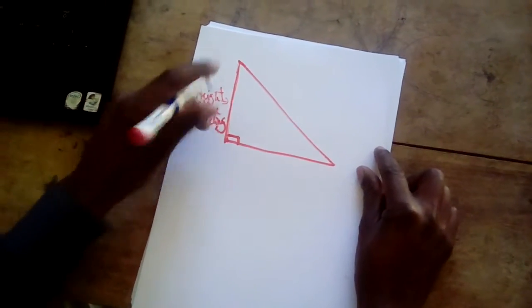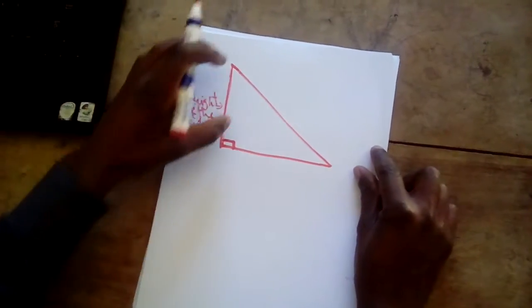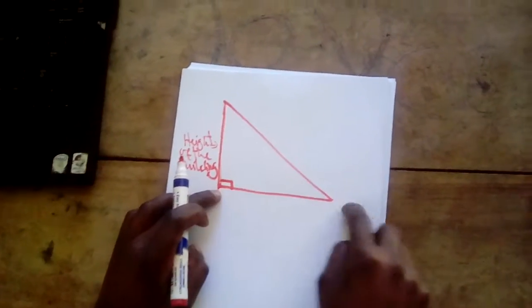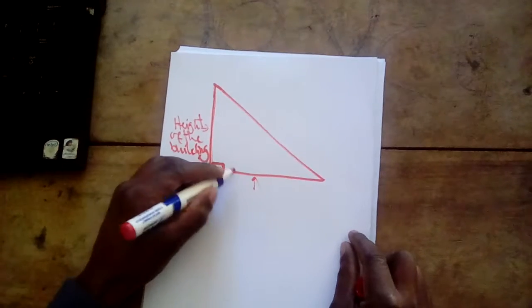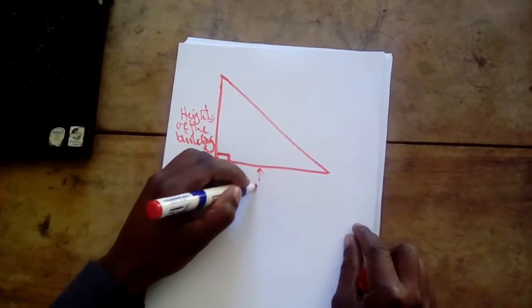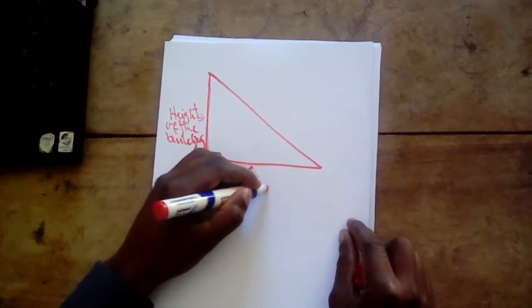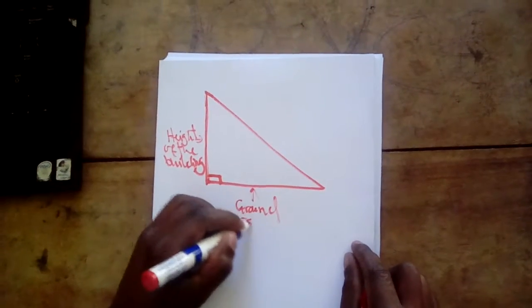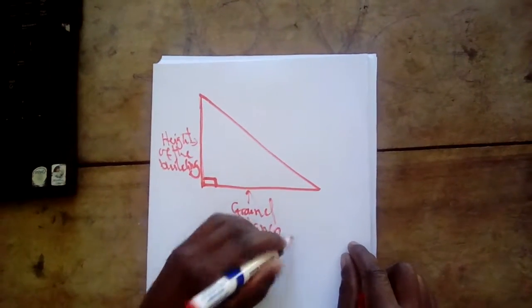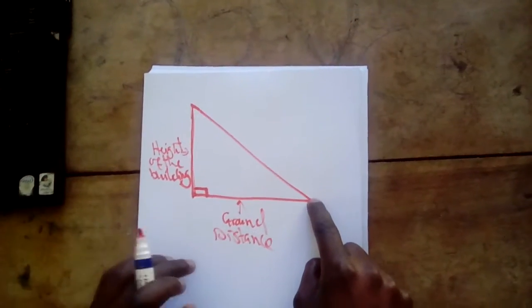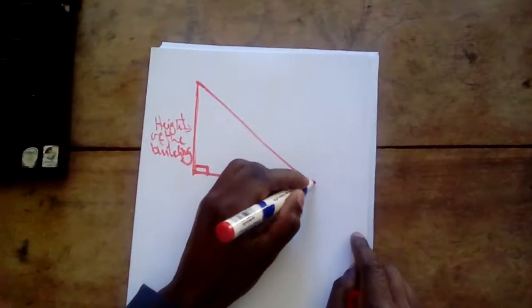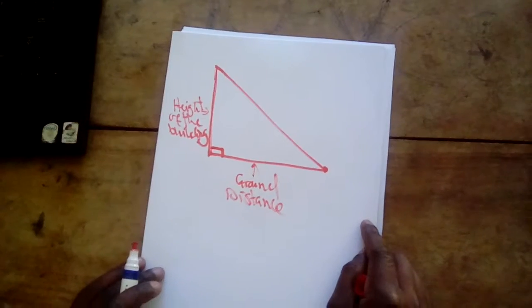And the usual walls of buildings are at 90 degrees to the ground, and this one is representing ground distance, ground distance from the bottom of the building to the stone position. This position here is the position of the stone.